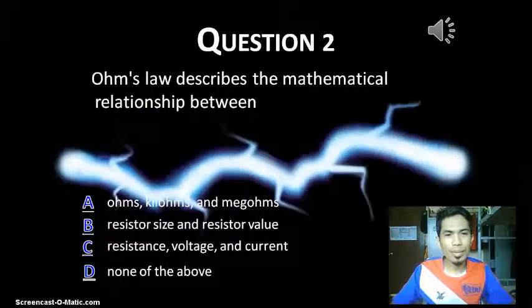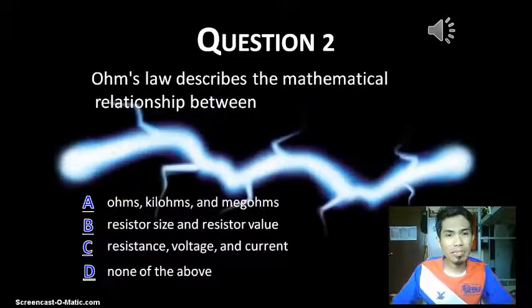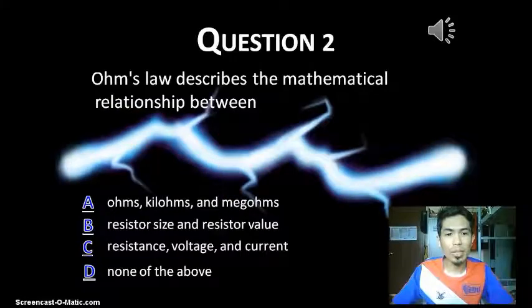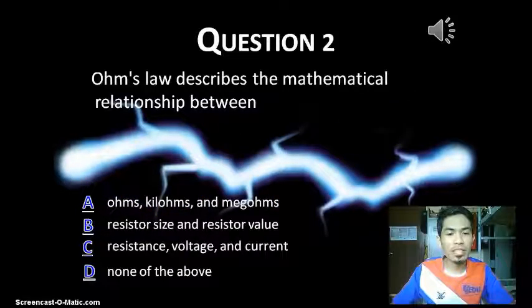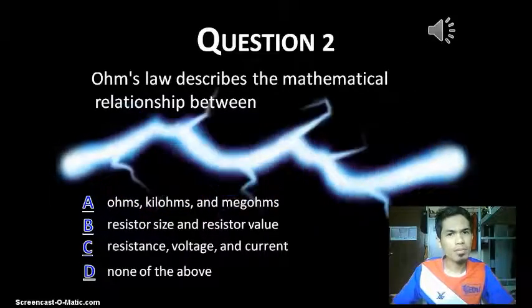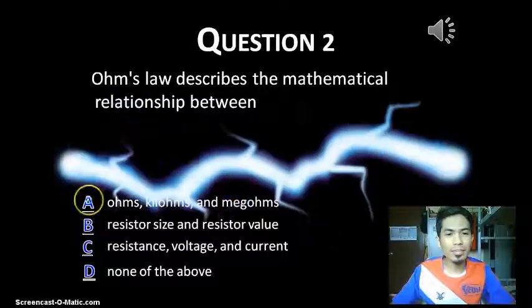Ohm's law describes the mathematical relationship between: ohm, kilo ohm, mega ohm; resistor size and value; resistor value; resistor voltage current; none of the above. What? A. Let's try.